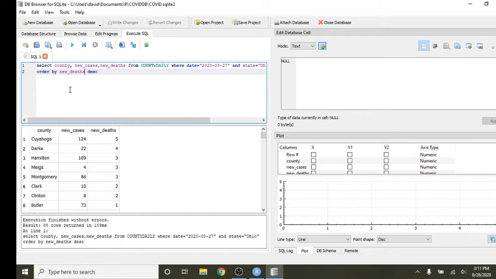Hmm, interesting. But still, Cuyahoga, Drake, and County, Hamilton. You know what's interesting here? Ohio dropped out of the top 10. Reported no deaths for the 27th.